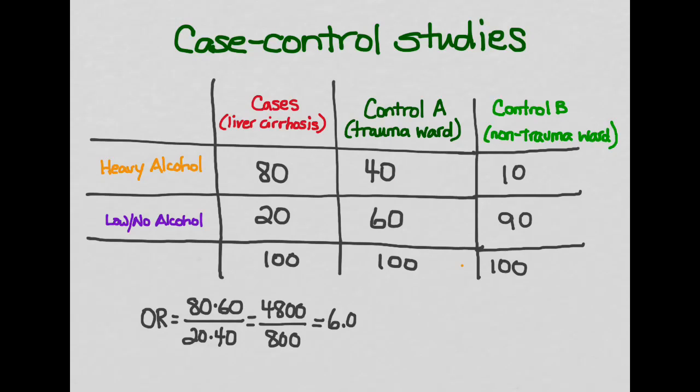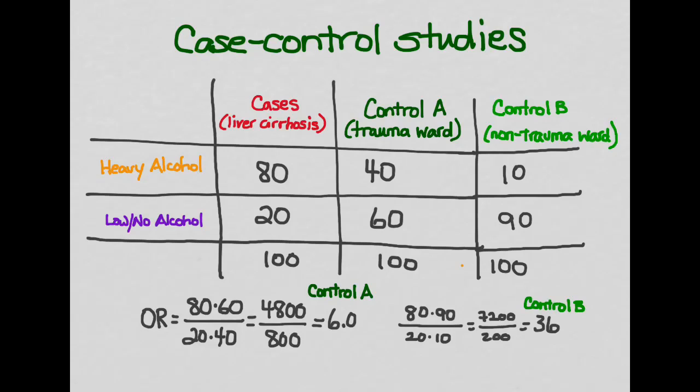Now we look at a different control group, and this time the control group is still taken from the hospital, but from a non-trauma ward. Let's calculate the odds ratio here. We see that the proportion exposed to heavy alcohol use is much lower in this non-trauma ward population than it is in the trauma ward population.